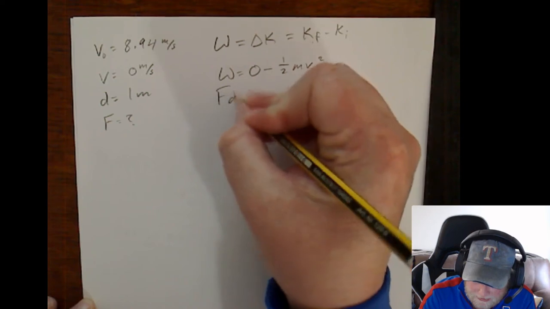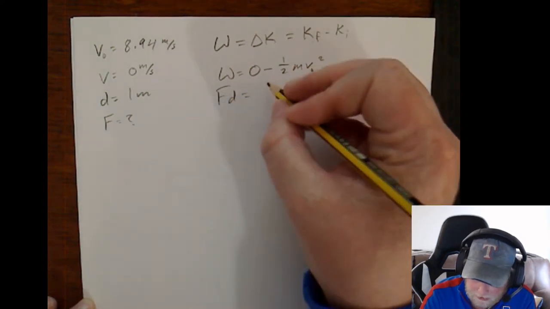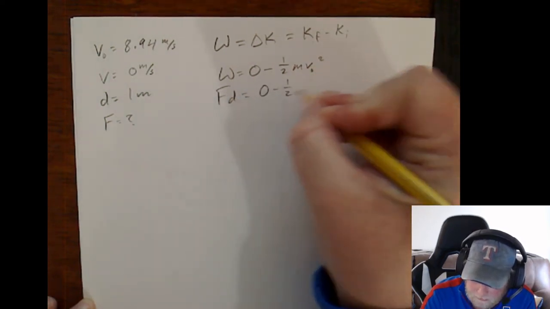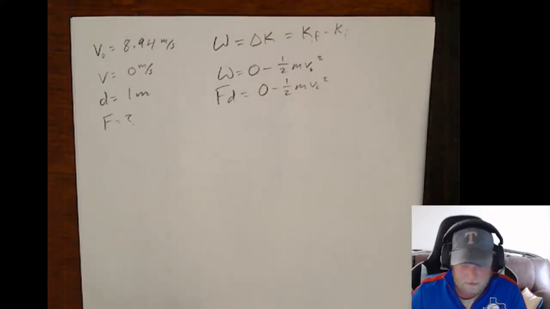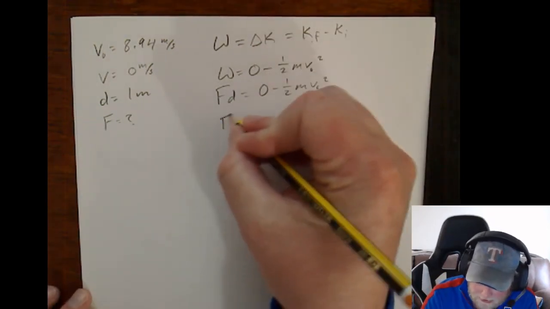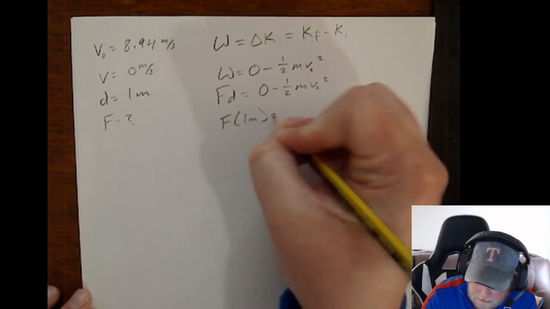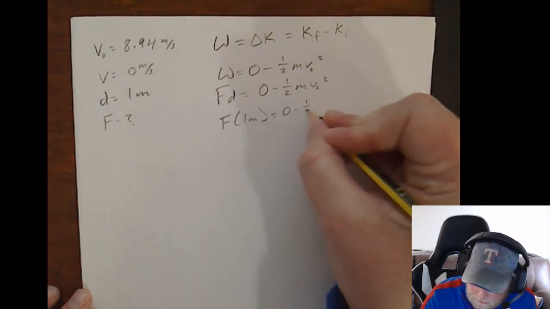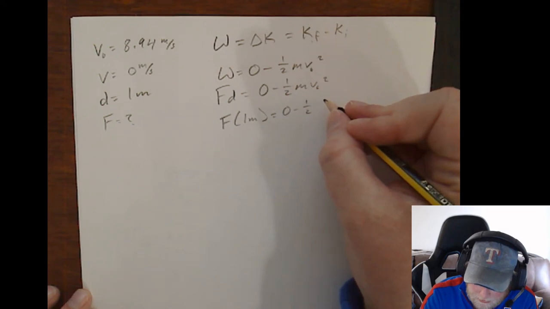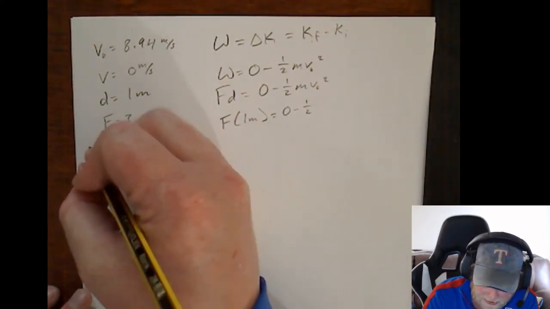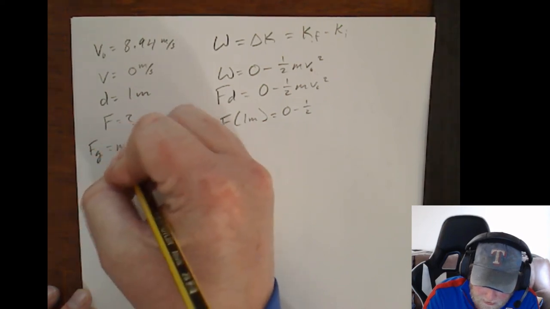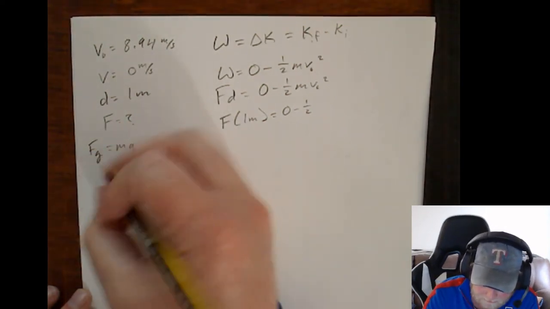And again, we can substitute in Fd for work. And we can start plugging in our values. Although before that, we're going to need to know the lady's mass, right? They gave us her weight.